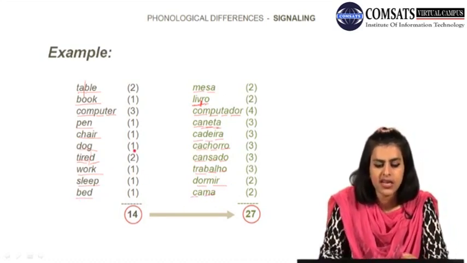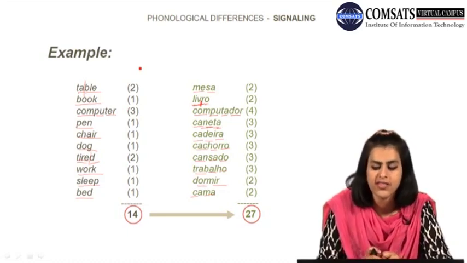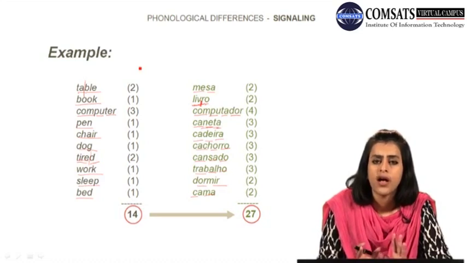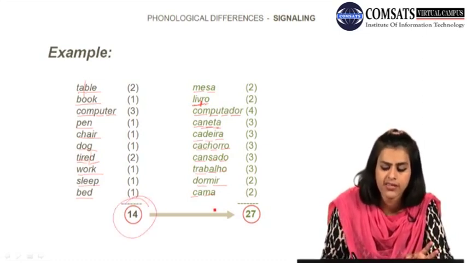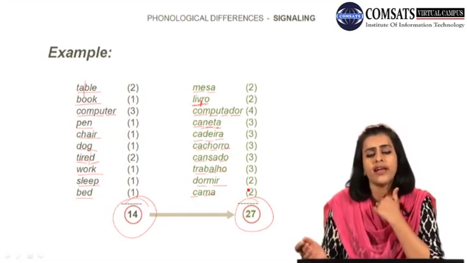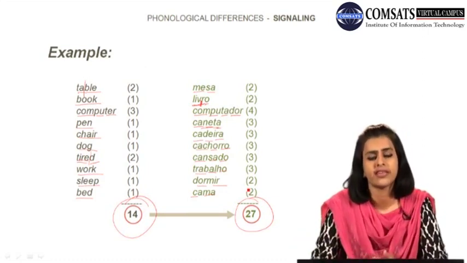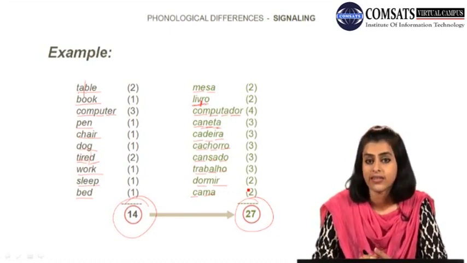So this is how the syllables of English and Portuguese differ from one language to the other. And as you note in the whole figure, the syllables in the English language are fewer than the syllables in Portuguese. Every language has got its own phonetic signaling, so syllables in any language would differ according to their language characteristics.